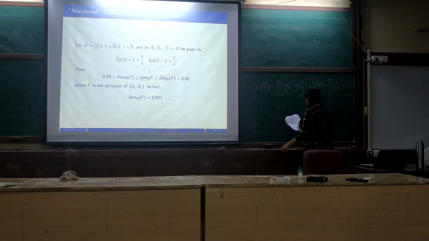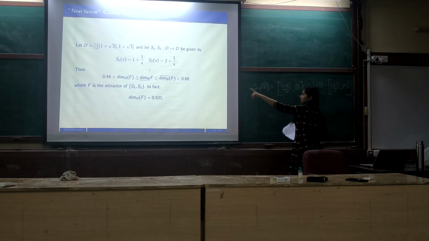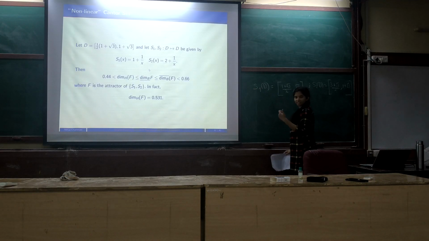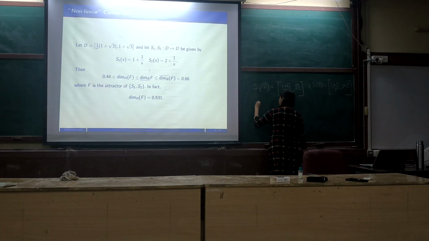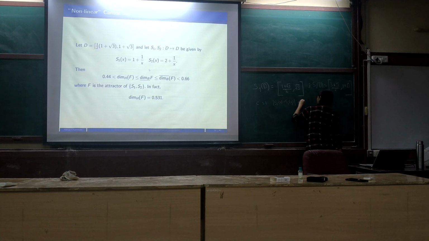So now we will want to bound these transformations by some contracting ratio. So we need C such that, say we are working with S1 first, S1 of x minus S1 of y is less than equal to C times x minus y for all x and y.